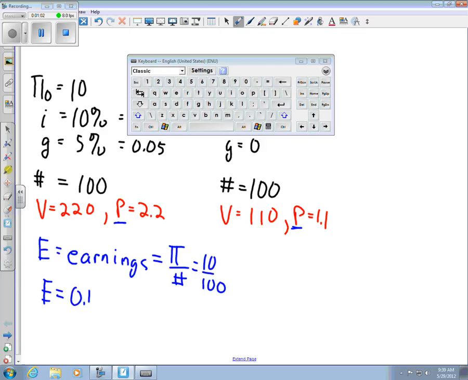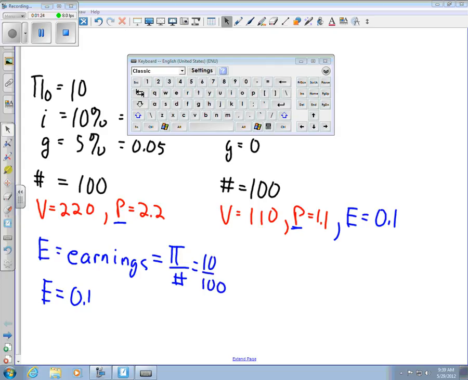So 10 cents a share, and that's the same with the other firm. Remember, the growth was making the difference. So earnings per share for this firm are also 0.1. So we have earnings per share in both cases of 10%. We have different prices which are driven by the growth.